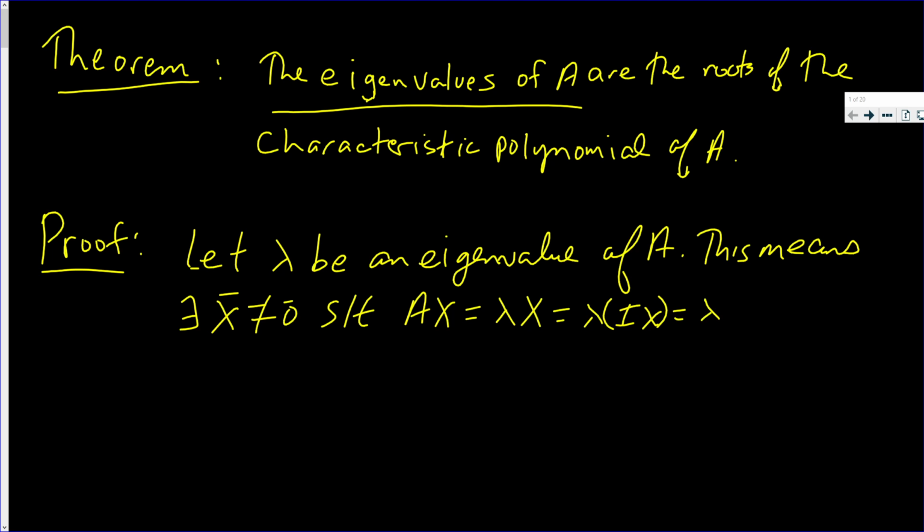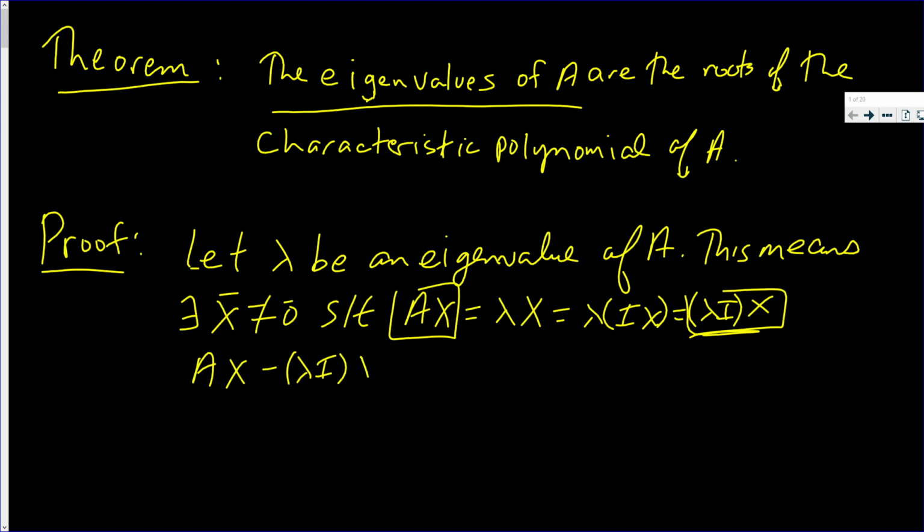But this is the same as lambda I times x. So we have this equaling that. Bringing this to the other side, we then have Ax minus lambda I times x is equal to 0. Factoring out the x, we get this matrix times the non-zero vector x is equal to 0.